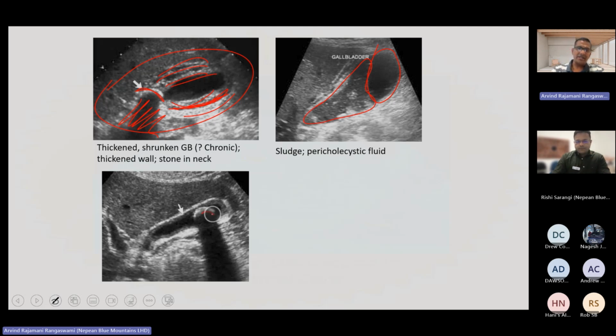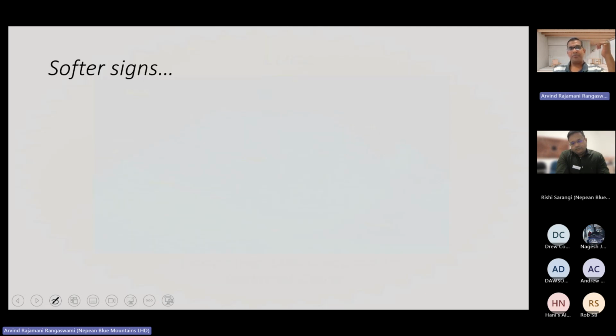Then this is an example of a large stone. This is probably a stone that's causing a big acoustic artifact with a lot of gallbladder wall thickening. Okay.